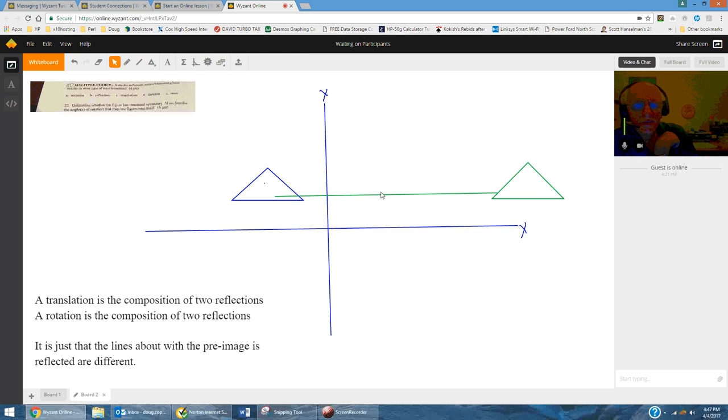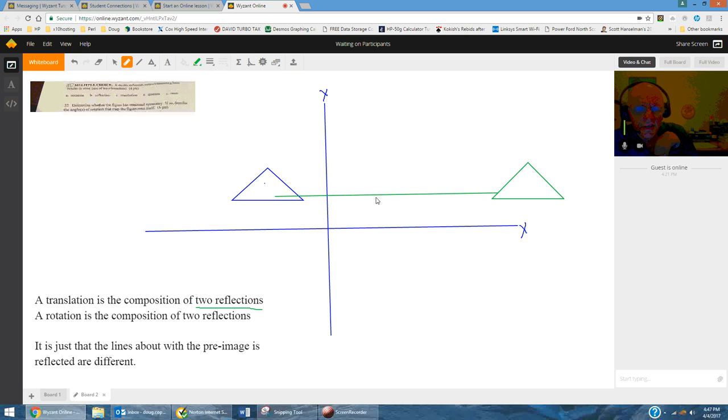But the truth is that I could get from here to here with a composition of two reflections. Now, what are those reflections?